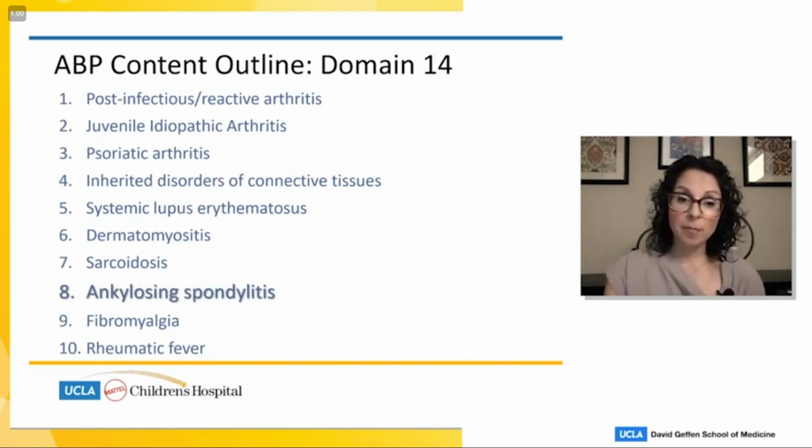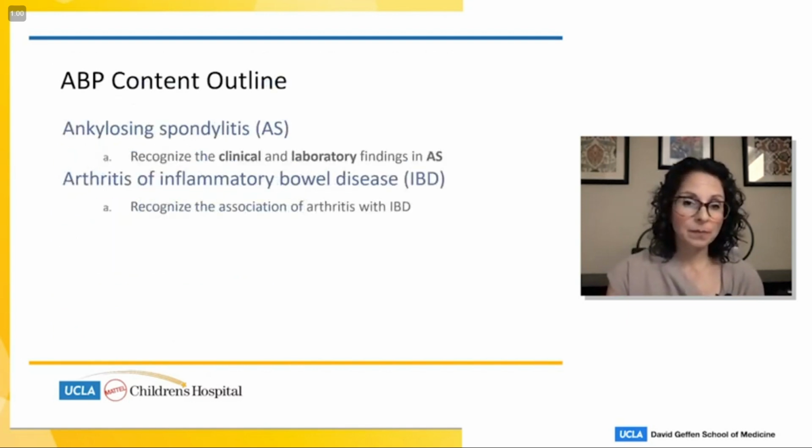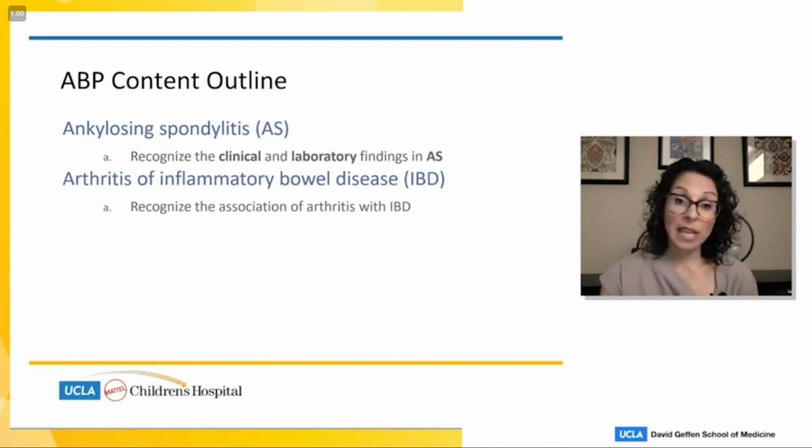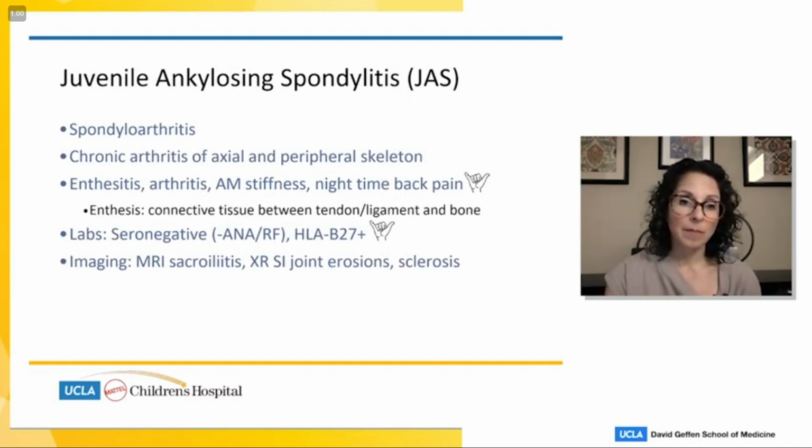Moving on to ankylosing spondylitis. This is what the ABP would like you to know about ankylosing spondylitis, as well as arthritis of inflammatory bowel disease. Juvenile ankylosing spondylitis is an example of a spondyloarthritis.